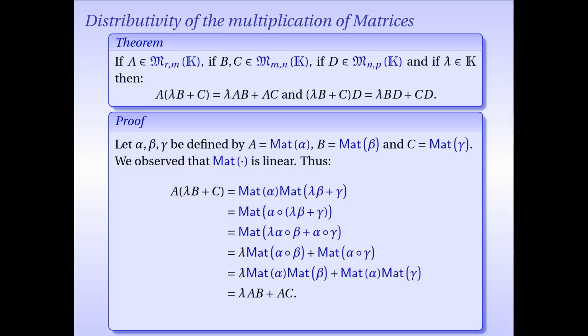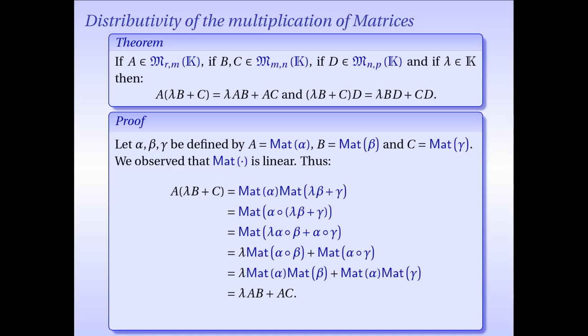The proof follows a similar pattern as the proof of associativity. Let alpha, beta, and gamma be the linear maps of respective matrices A, B, and C. Thus alpha is T sub A, beta is T sub B, and gamma is T sub C. We also will make use of the fact that the map which sends a linear function to its matrix, that is, the map mat, is itself linear.